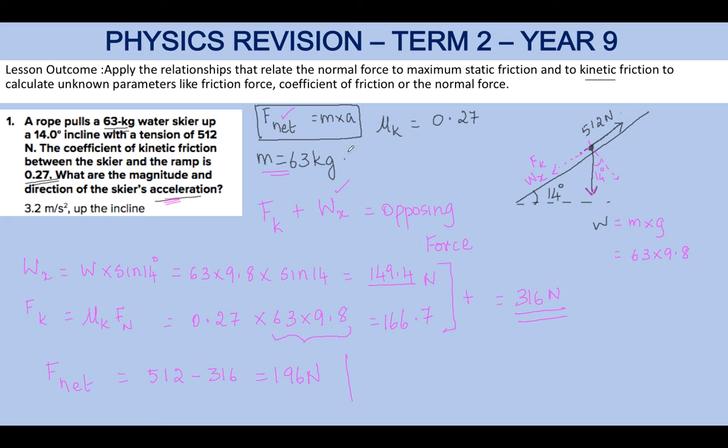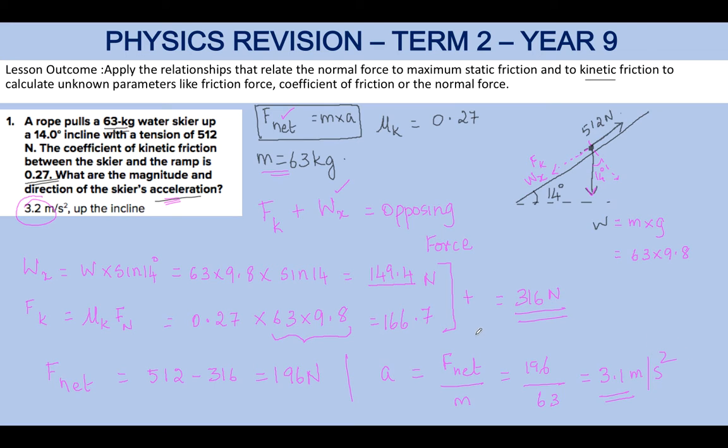Acceleration equals F net over mass, that is 196 over 63. You get around 3.1 or 3.2. Since I've rounded off, you should get approximately 3.2 meters per second squared.